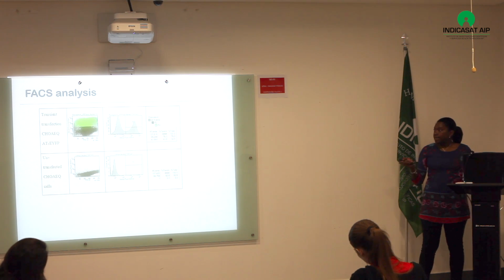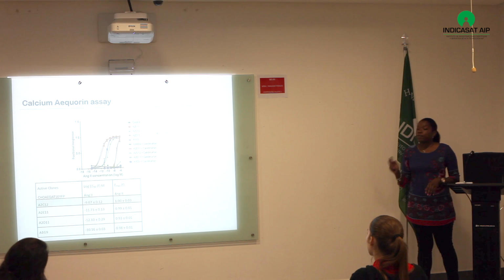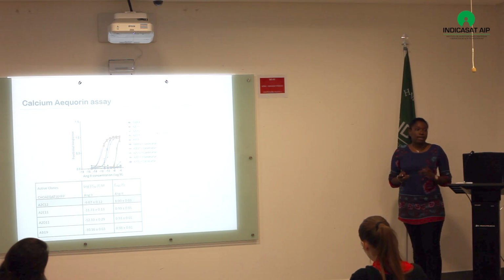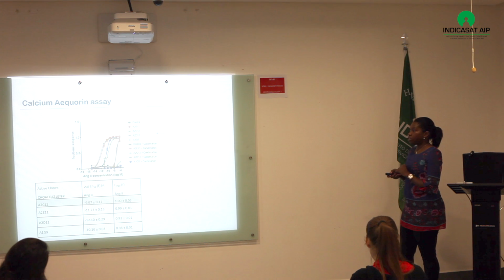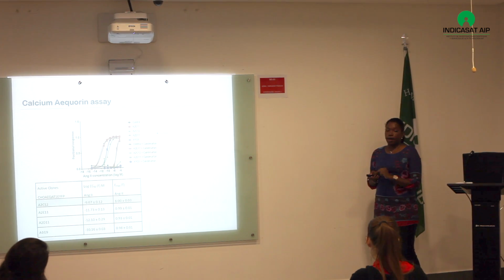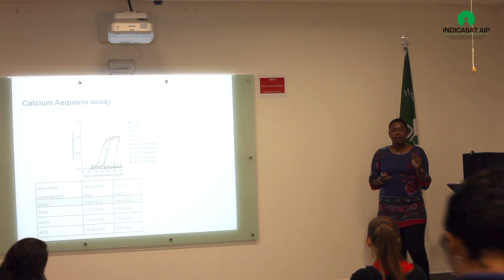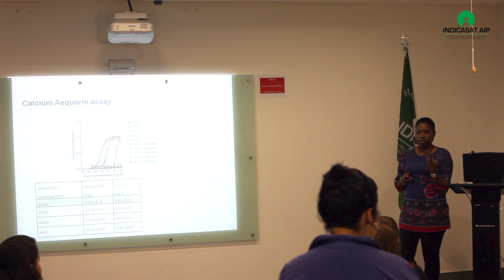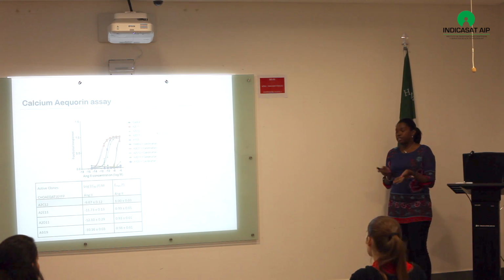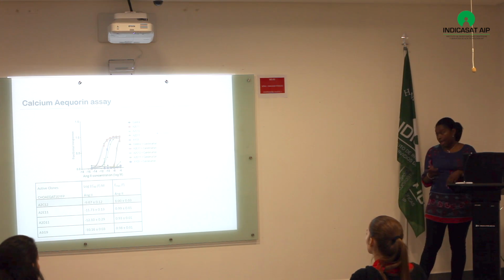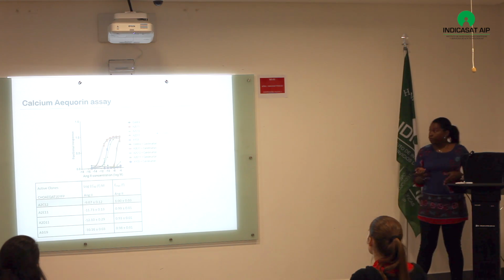Once I had my expression level, I also evaluated the release of intracellular calcium in each one of these clones. And we obtained that for most of my clones, there is a concentration-dependent increase in intracellular calcium when I activated with the agonist angiotensin II.